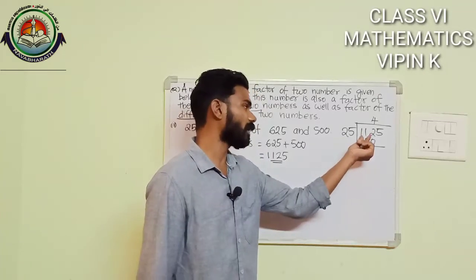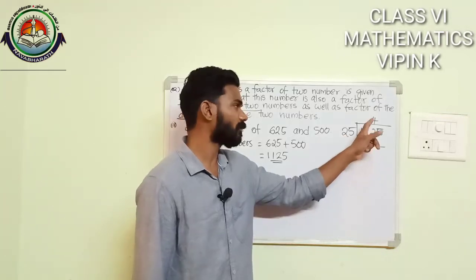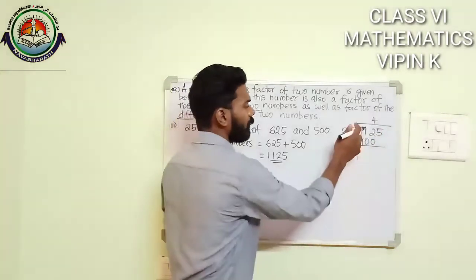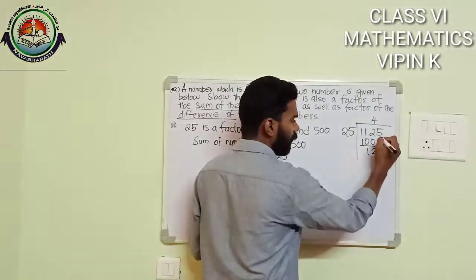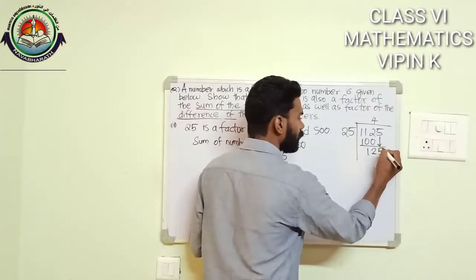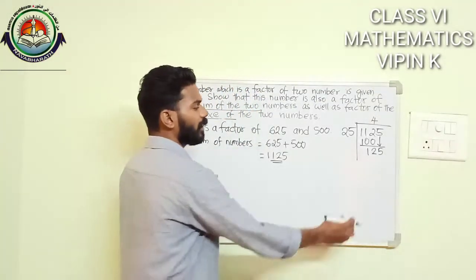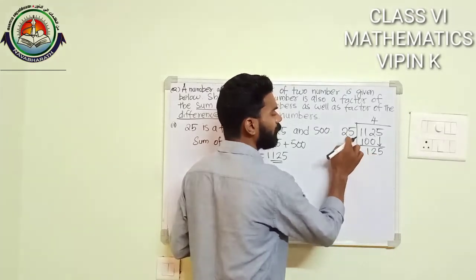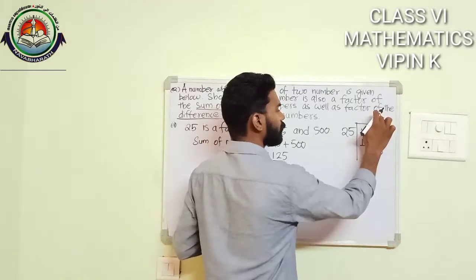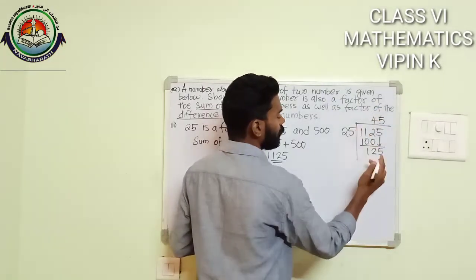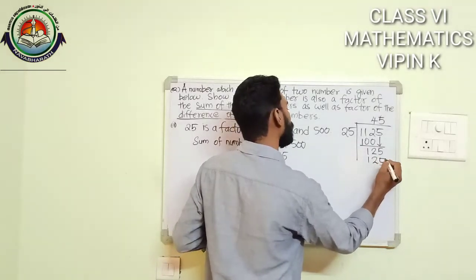But here we have only 112. So how many times does 25 occur? 4 times. 4 twenty-fives are 100, and the remaining would be 12. And we have to drop down this 5, so that it would become 125. And out of 125, how many 25s would there be? It would be exactly 5 twenty-fives. So 5 into 25 would be 125 itself.